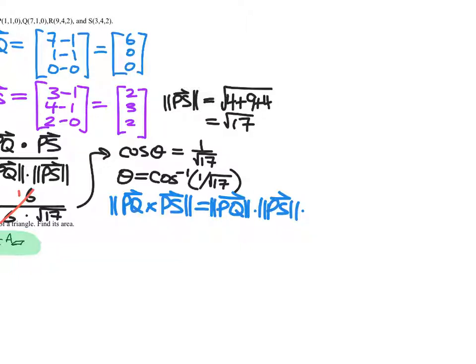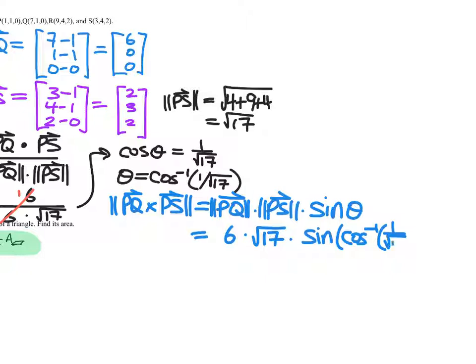I knew it was something important. So sine of theta. So 6 times root 17 times the sine of the inverse cosine of 1 over root 17. And once we have that, we'll have our area.